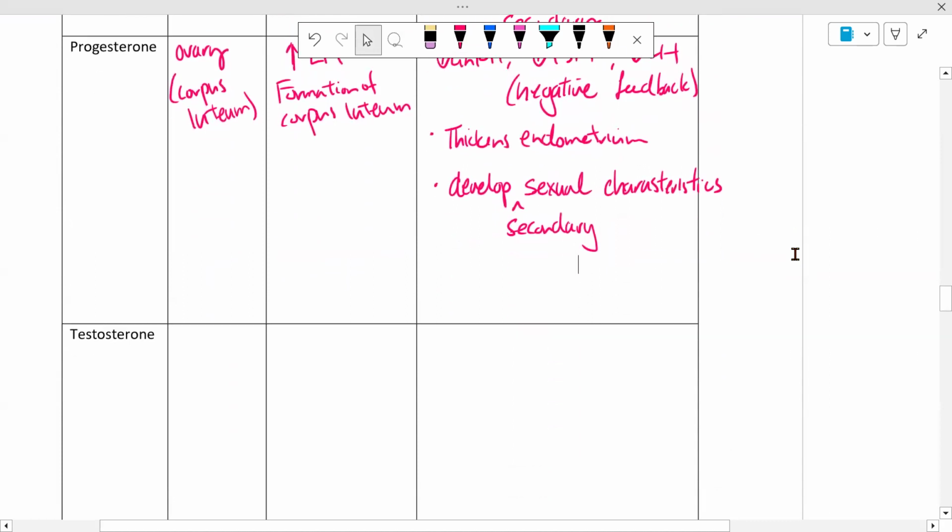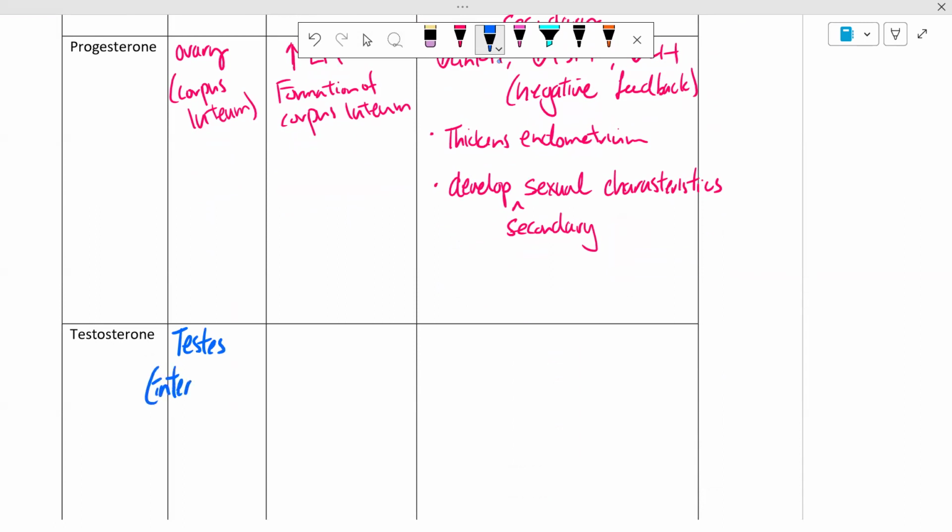And last but not least, we have the testosterone, which is produced in the testes, specifically the interstitial cells. Increase in LH once again. And negative feedback, so drop in GnRH.